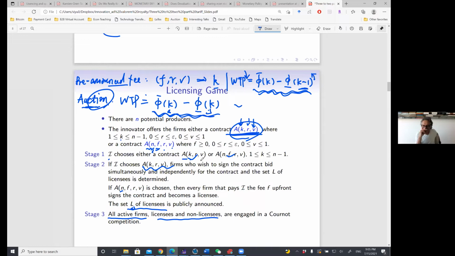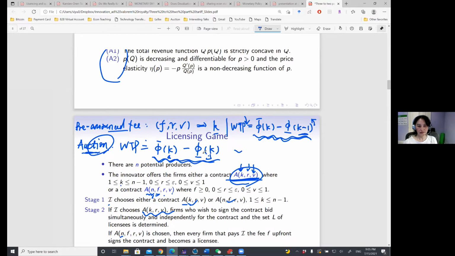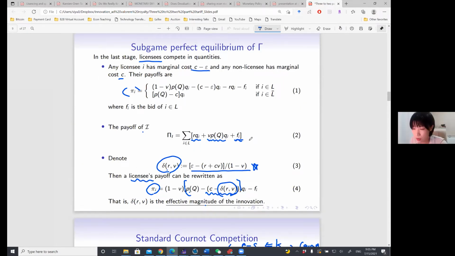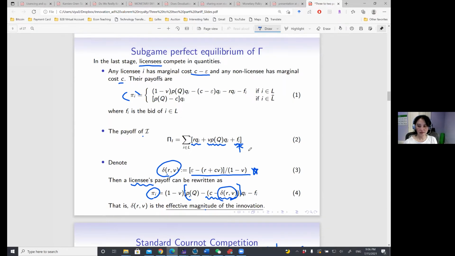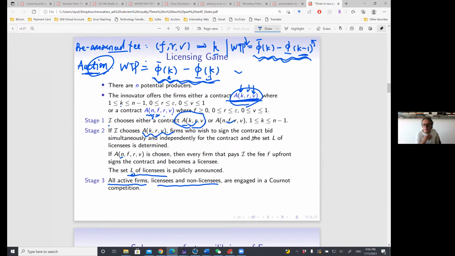It's not. It's determined in the auction. But then when you write down the innovator's profit, I don't see that. Maybe I missed something. Here, the innovator's profit. This is determined in the auction. This is the bid. Okay, so then the fee in the contract is something else? No. The fee F_i is endogenously determined by the auction.